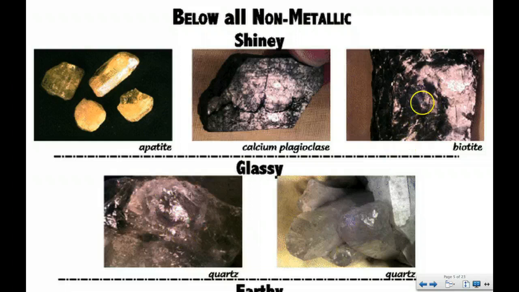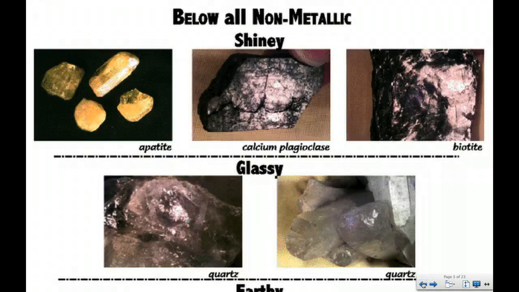This biotite looks metallic in this picture, but I'll show you some examples in class why it's not metallic, because you can see through it. And this apatite, again, you can see through if we had a decent sample of that. So those are some of the characteristics of luster. You can break them up into metallic or non-metallic luster.